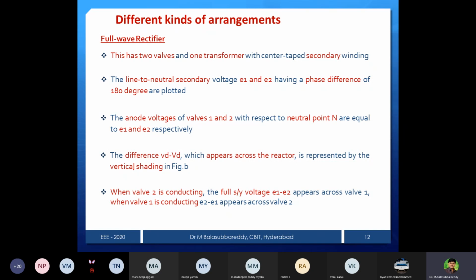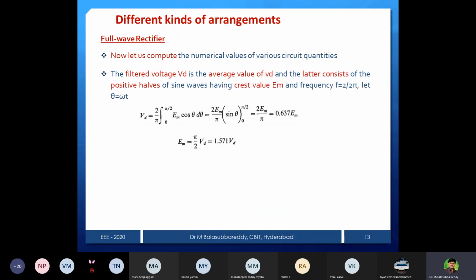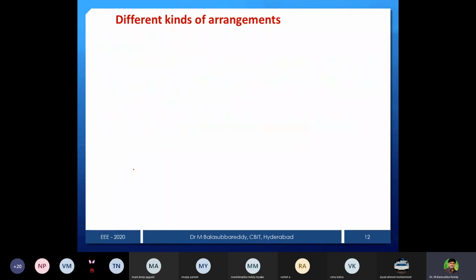That's what I mentioned here. When valve 2 is conducting, the full secondary voltage appears across valve 1, or when valve 1 is conducting, again it appears across valve 2. I will show the waveforms also. I think I showed it in the previous slide.